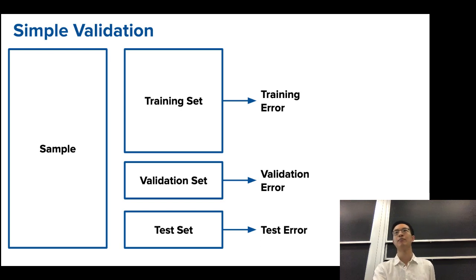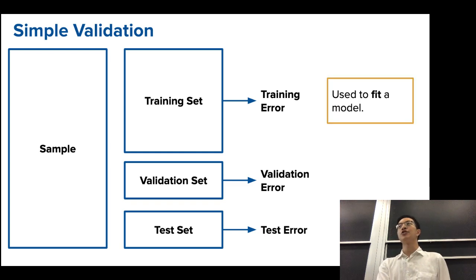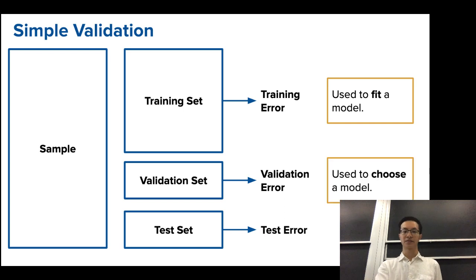For any given model, you can compute the training error, the validation error, and the test error. We use the training error to fit the model, so we tune the model until it gets the lowest training error. The validation error we use to choose a model. If we have 10 competing models, we fit them all in the training set and then choose the one with the lowest validation error.